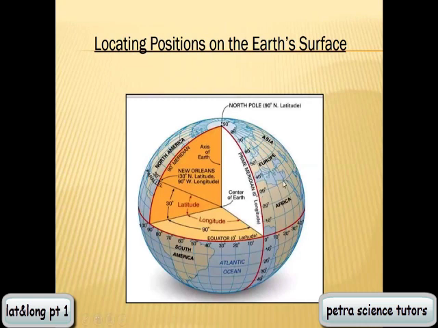So you see this line is actually this line. You see 0 degrees equator latitude, 10 degrees north, 20 degrees north, and 30 degrees north. So New Orleans, at this very point, is 30 degrees north and 90 degrees west.